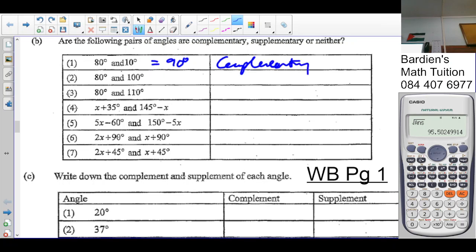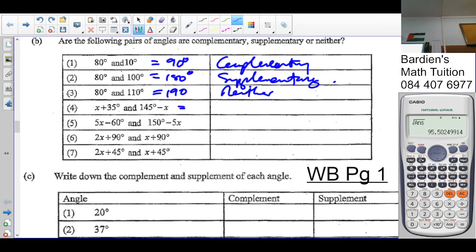You add this up again, 180, which is supplementary. You add this up, you get 190, so it's neither.